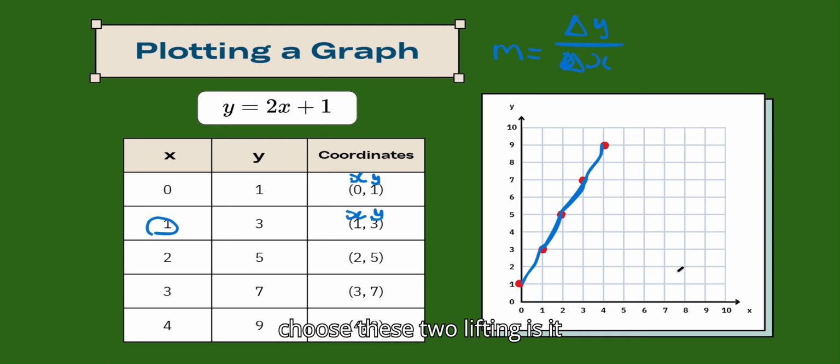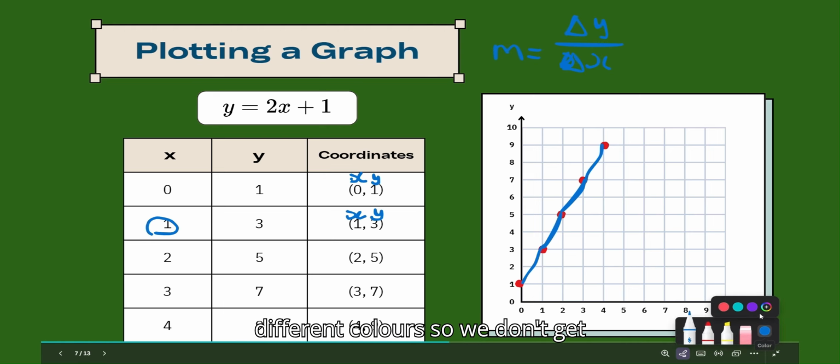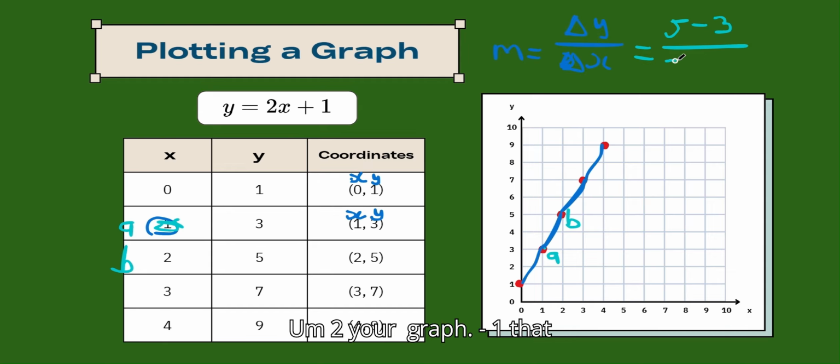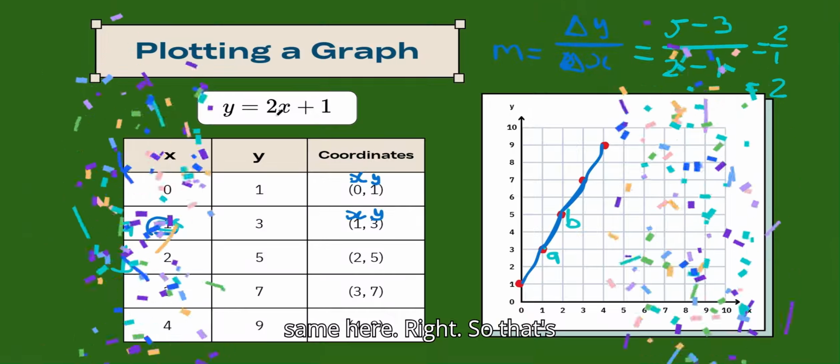Let's choose these two, and call them A and B. So the difference between our y values, 5 minus 3, and then 2 minus 1, that will give me 2 divided by 1, and our answer is 2. That is the same as here. Okay, so that checks out.